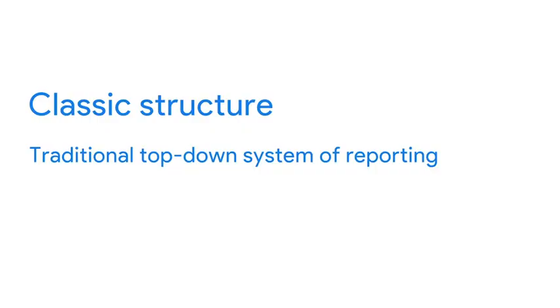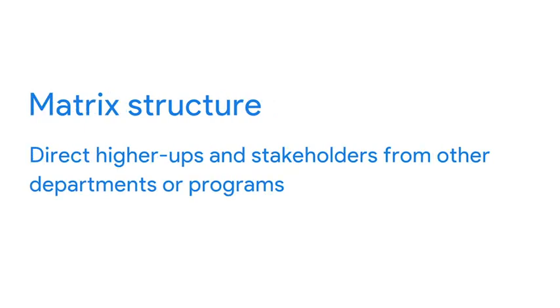Similar to my own manager, I provide updates to that program manager, seek their approval, and solicit feedback on our partnership and progress. So to recap, the classic structure follows a traditional top-down system of reporting, and the matrix structure has direct higher-ups to report to and stakeholders from other departments or programs.